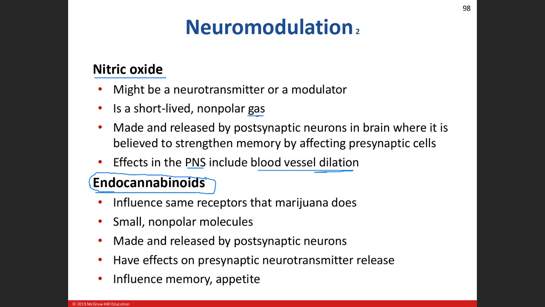It helps with the neurotransmitter release here. There are several different effects here, but what we're talking about, these endocannabinoids, are going to affect the presynaptic neurotransmitter release. In most cases, they can increase the presynaptic neurotransmitter release.